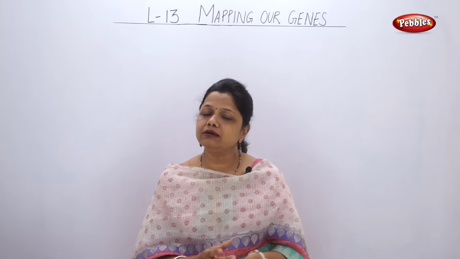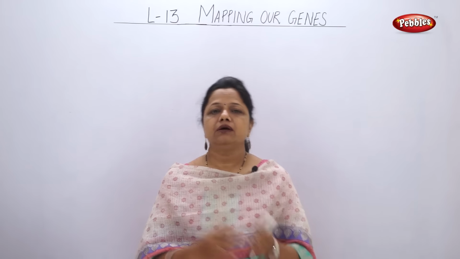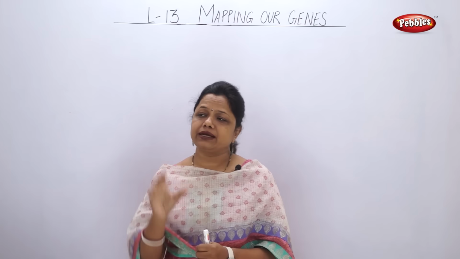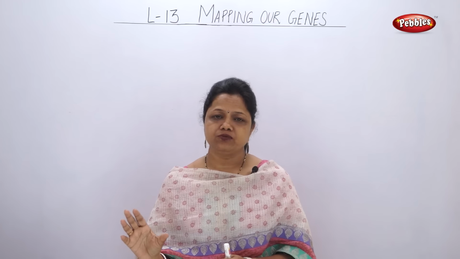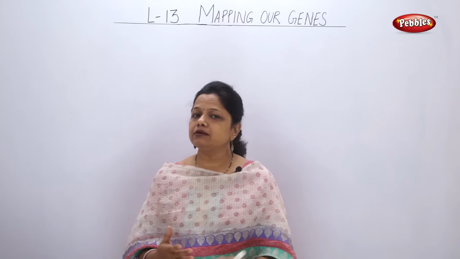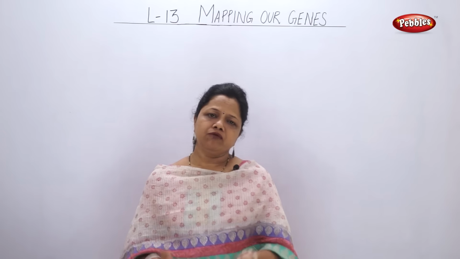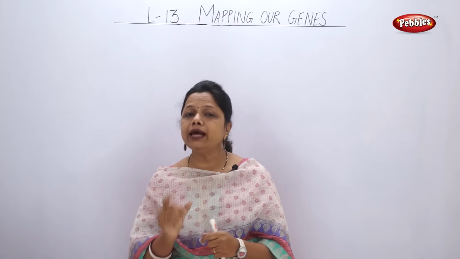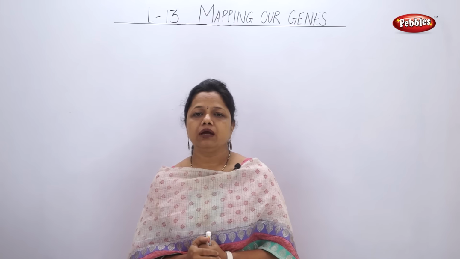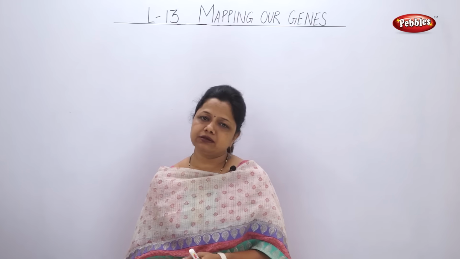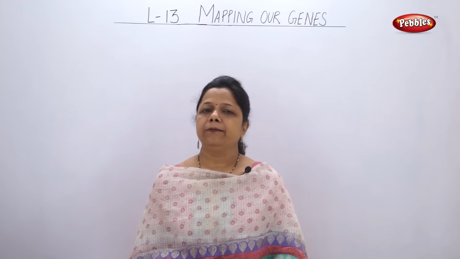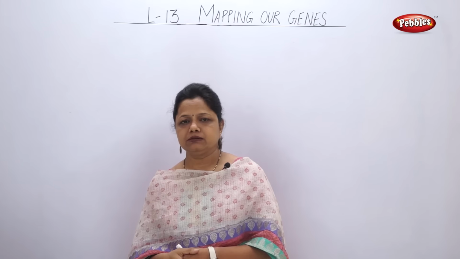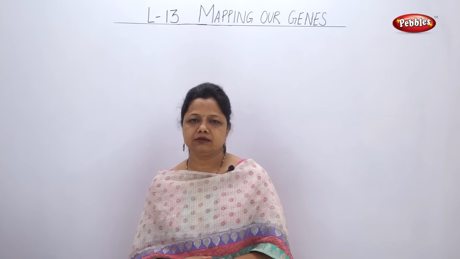So when a character is transferred from parent to offspring and can be seen by us, the characters which are visible to us, not the inside characters, we call it inherited from my parents. So the word inheritance is very important. Here the transfer of characters through the genetic matter present in the genes from parents to offspring takes place. This is called inheritance.